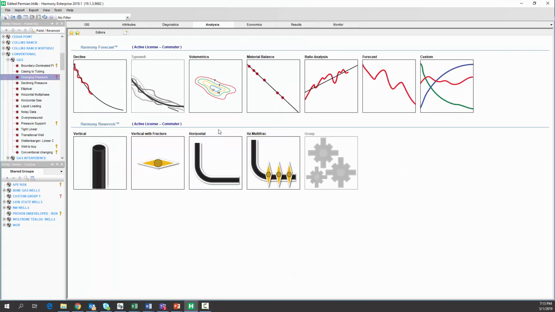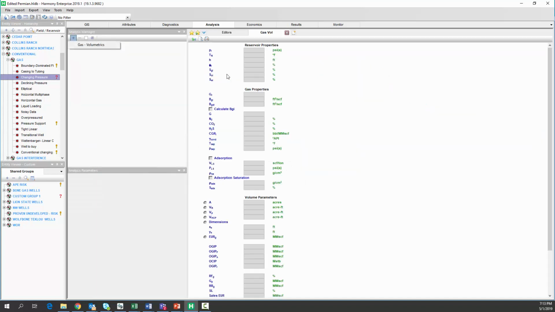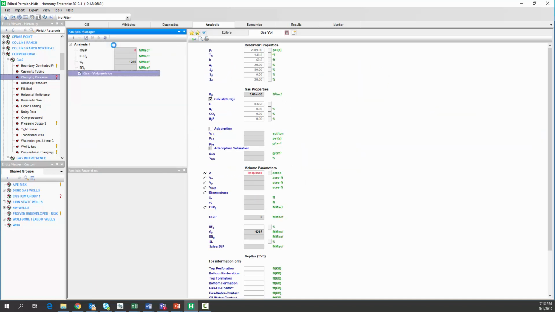Let's check it out. So I'm using the Harmony Enterprise software, and we're going to start with doing our volumetrics analysis. So like I said, some of the input requirements are things like your initial pressure, your net pay, your saturation. Now I'm going to take a guess using a geology map I have that the drainage area for this well is 35 acres.